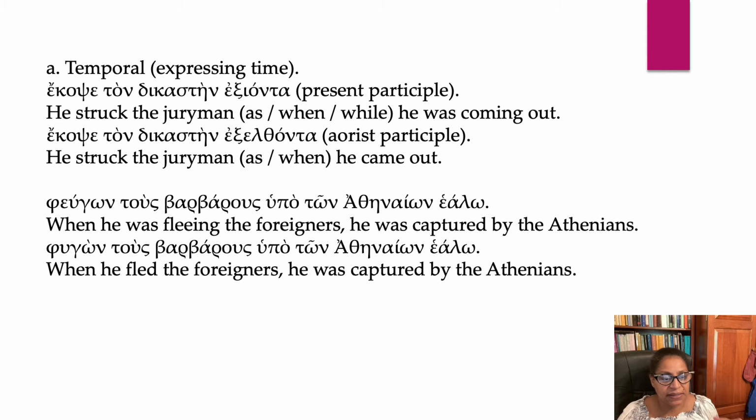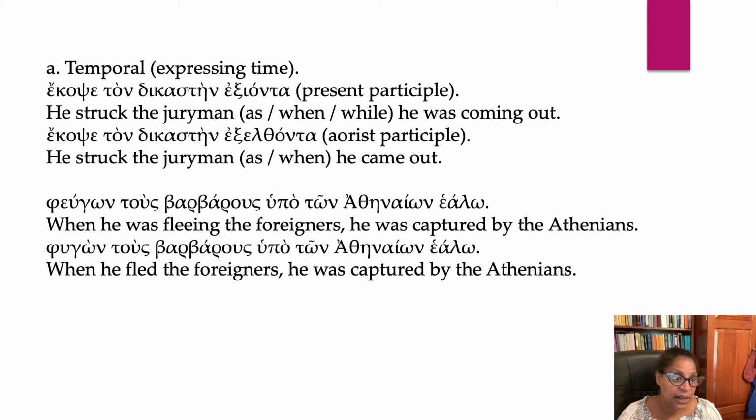So the thing is, especially with the temporal translation, you have to ask yourself, what's happening? What's going on? The reason I want you to use temporal subordinate clauses is that you'll get a sense of what's going on. When you put the participle in a subordinate clause, you translate the participle according to the tense of the participle.